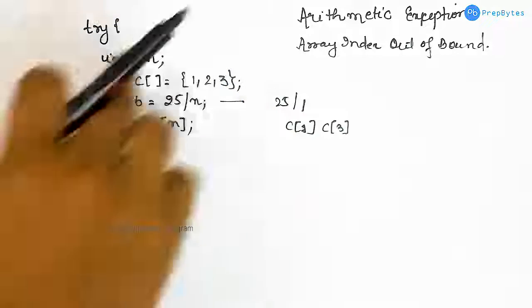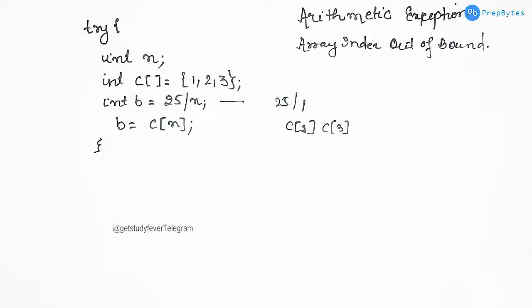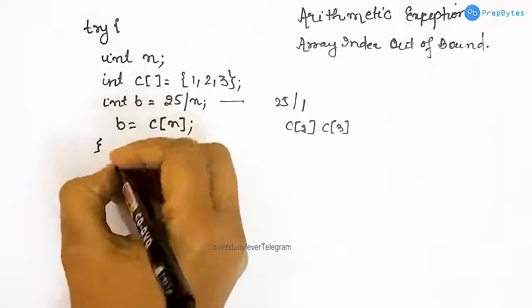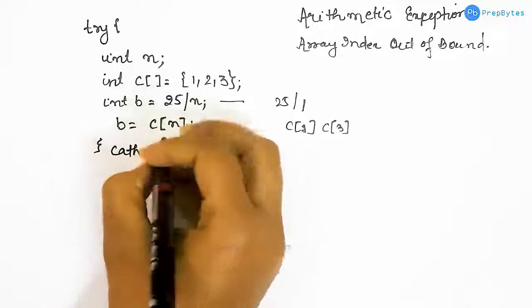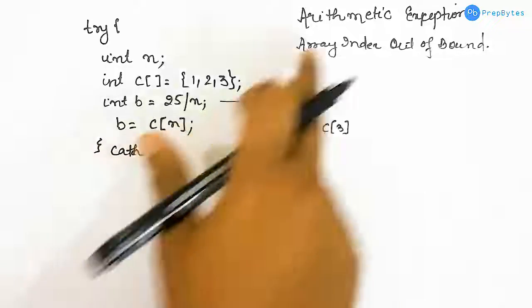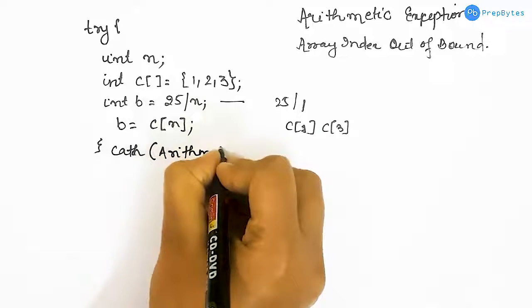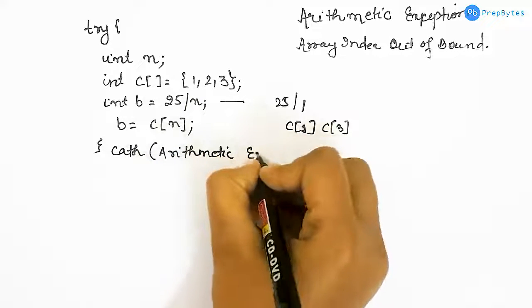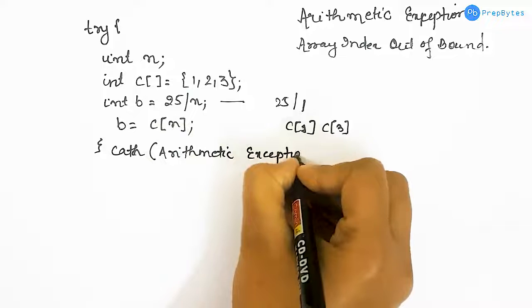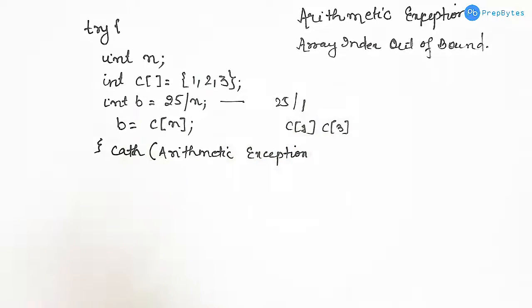How can we handle multiple exceptions? We can handle multiple exceptions using multiple catch blocks. So what we can do is write catch, and let's say I write a catch for arithmetic exception e.